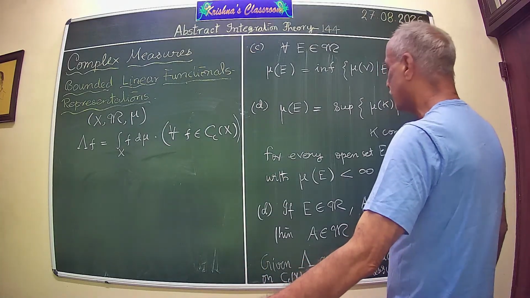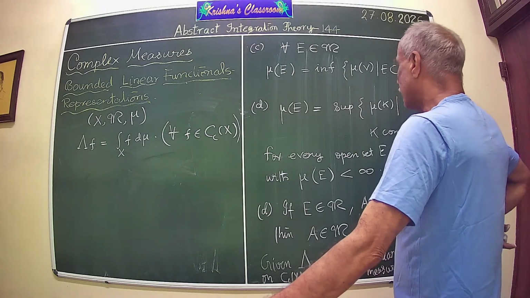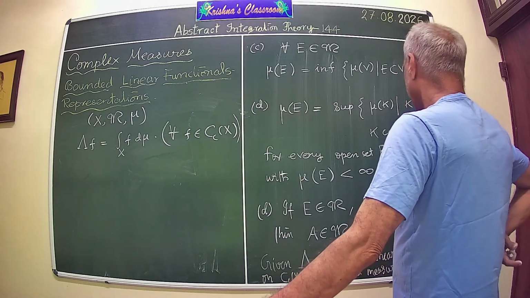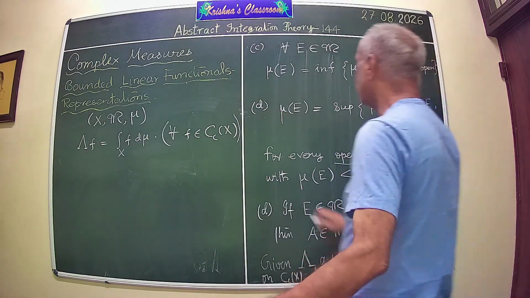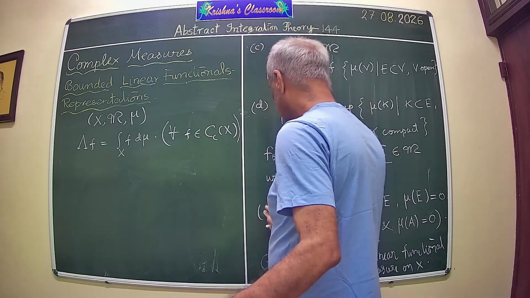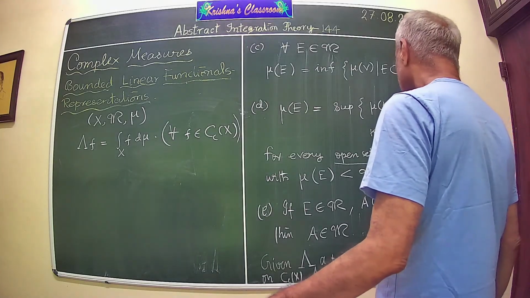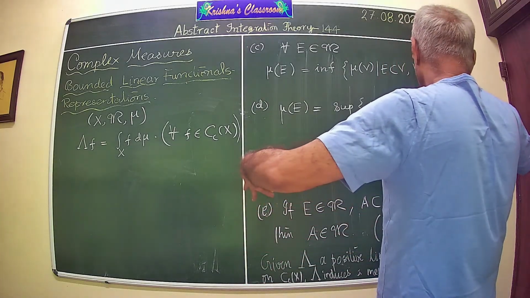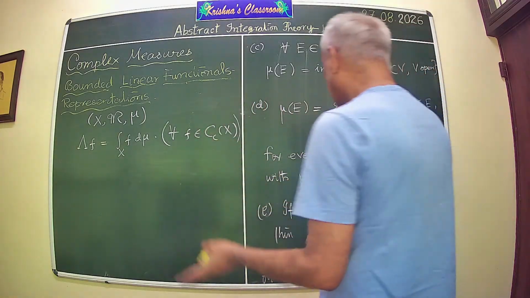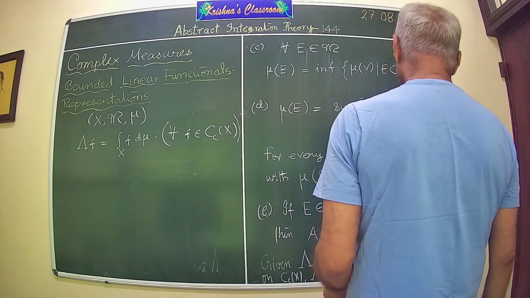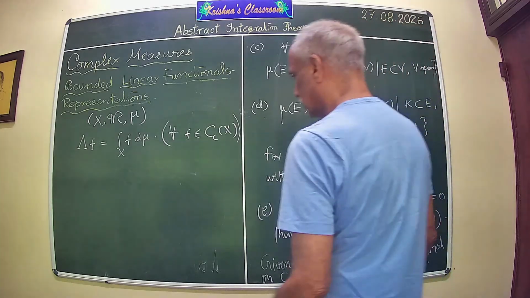So all open sets are there, therefore all Borel sets are there, and you see that the measure of an open set E is defined by D. That means you are able to approximate the open set E from inside through compact sets.